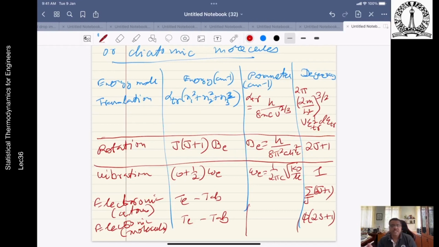So we have the translational energy, and no other energy mode is affected by the macroscopic properties, unlike translational. For the internal energy modes, the degeneracy is like a probability distribution function for the translational mode. For the internal modes, we recall the rotational constant for the rigid rotor and vibrational frequency omega e for the harmonic oscillator. Similarly, spectroscopic measurements provide tabulations for the electronic energies of both atoms and molecules, which you see over here.